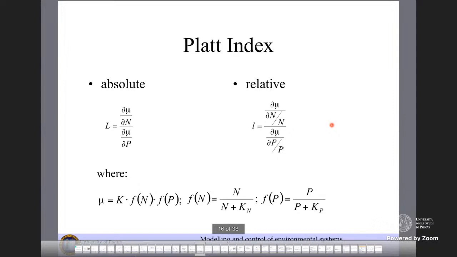What we are doing here is simply measuring the sensitivity of the growth rate to the variation of the concentration of nutrients.